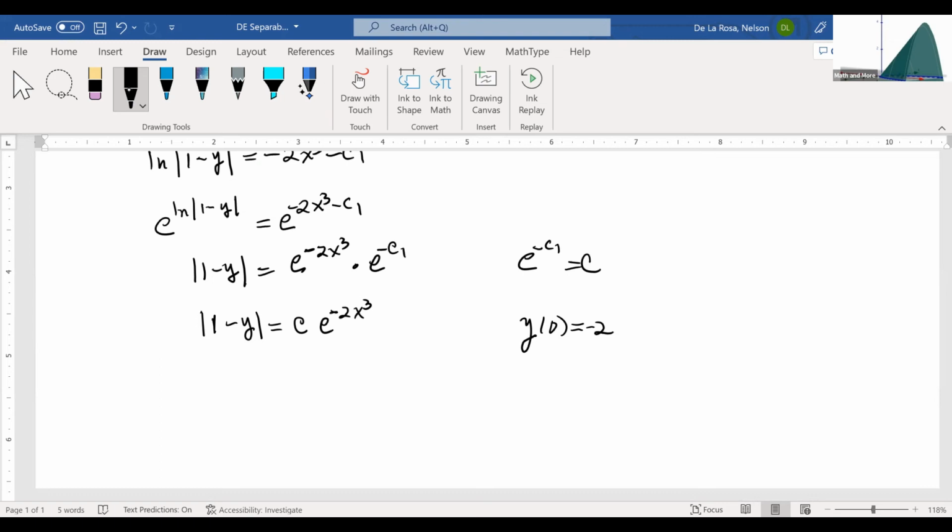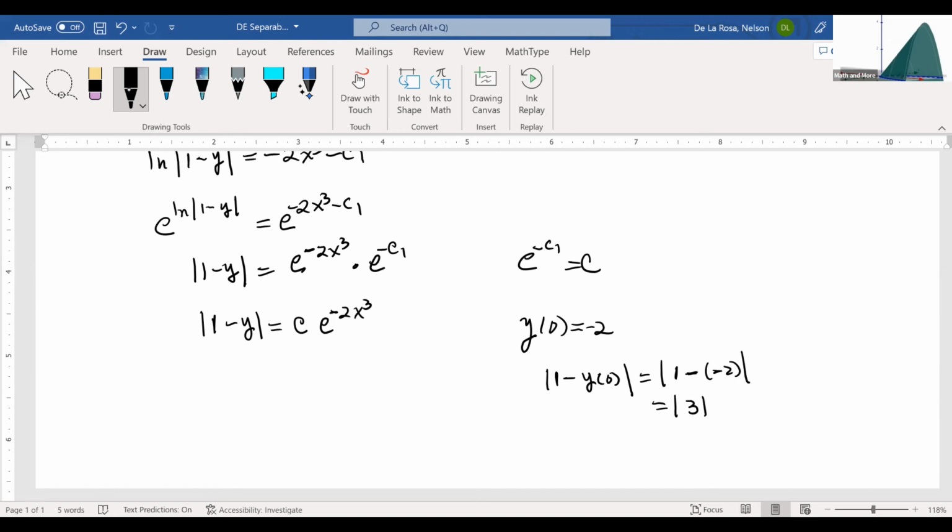So we replace the condition, but keep in mind that on the left we have an absolute value, and then notice that if we compute 1 minus y at 0, which is 1 minus negative 2, which is actually 3, right?